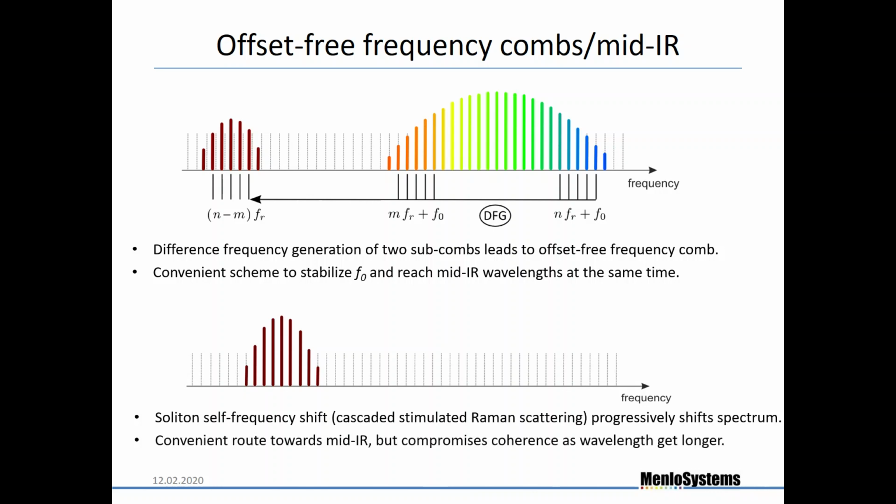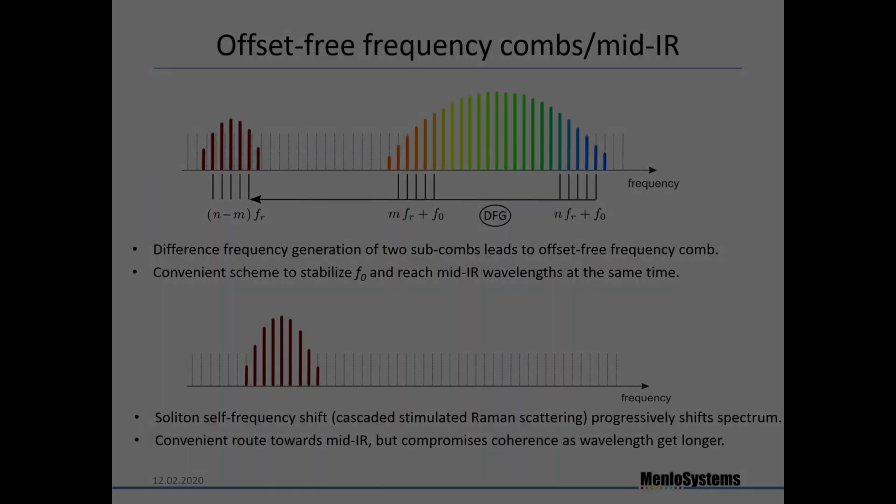However, one has to be careful with this because this compromises the coherence of the comb. Because there will also be some unseeded Raman scattering, which adds incoherent contributions to it. So you cannot easily go to very long wavelengths without losing some of the coherence.